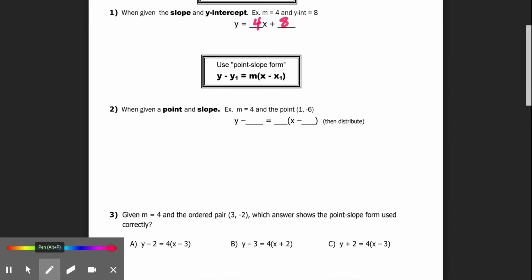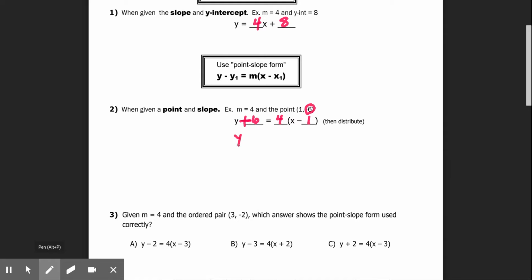So first of all, remember that this y value, that negative 6, is going to be listed first. So it'll be y minus a negative 6. So minus a negative becomes a positive, equals 4, because that's your slope, and then x minus 1.